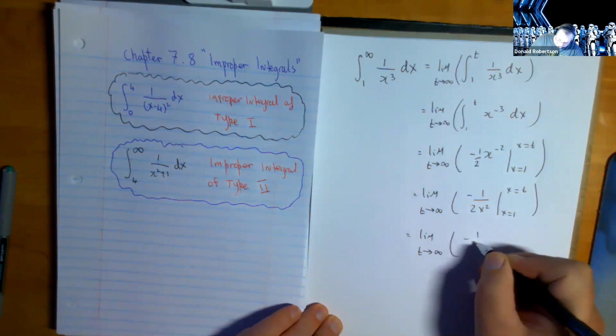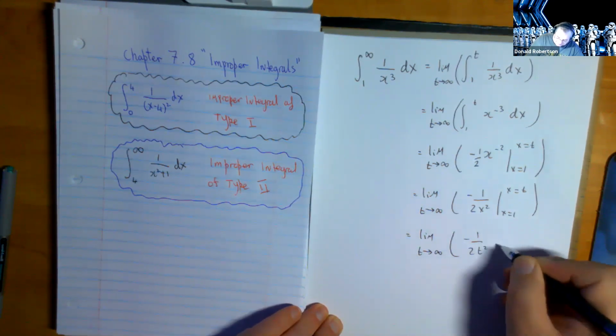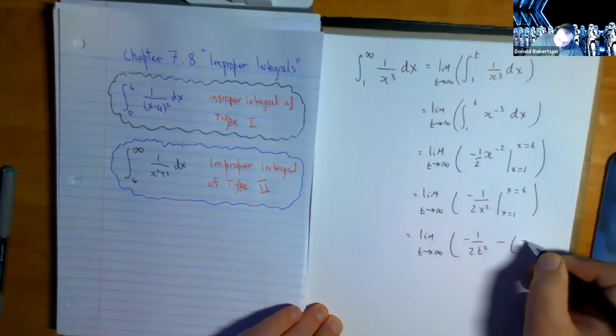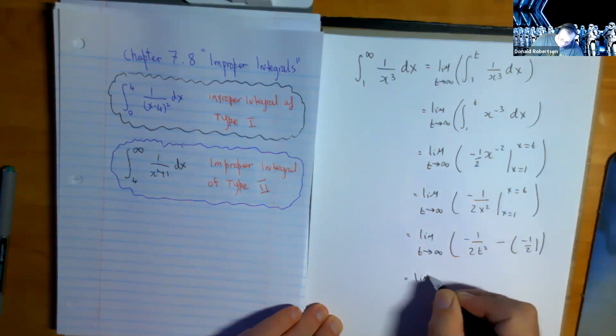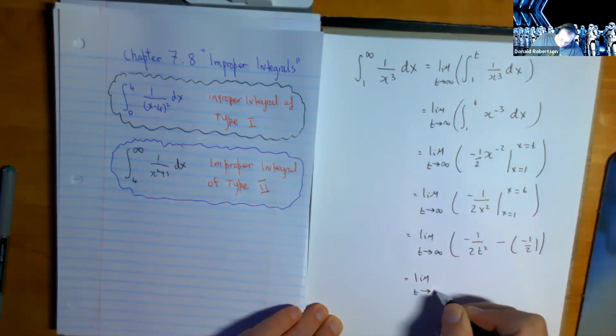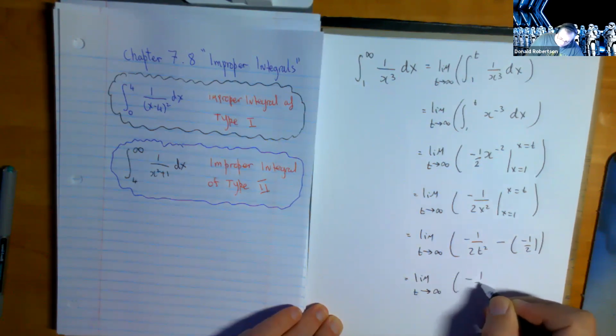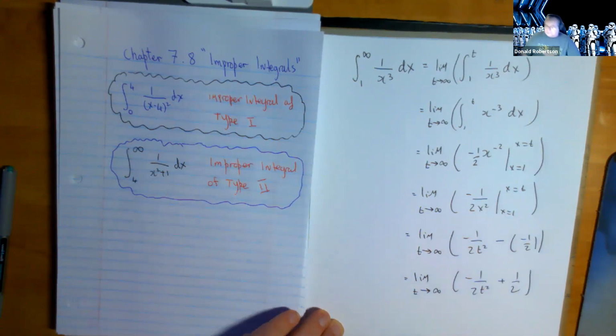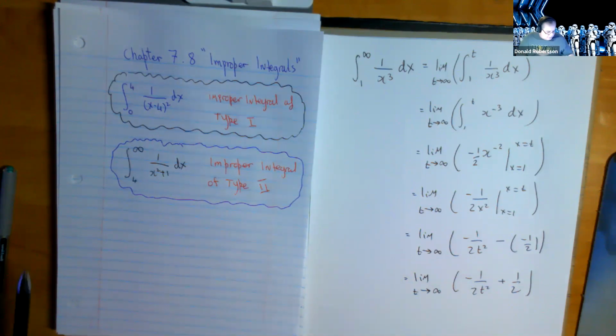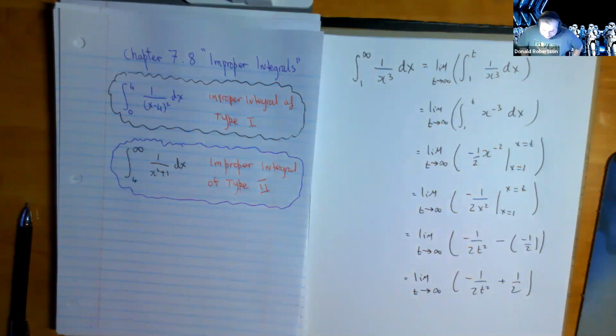Now, if you plug in t, you get that. Take away, if you plug in 1, you get that. And so now we are looking at the limit as t tends to infinity of negative 1 over 2t squared plus a half. A large proportion of questions like this are going to be brute force.